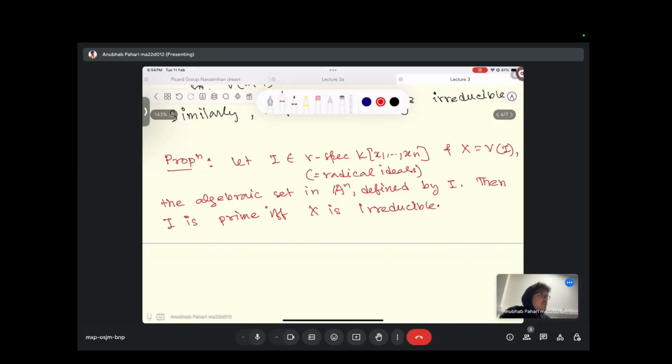Now actually we will prove this by the contrapositive statement.